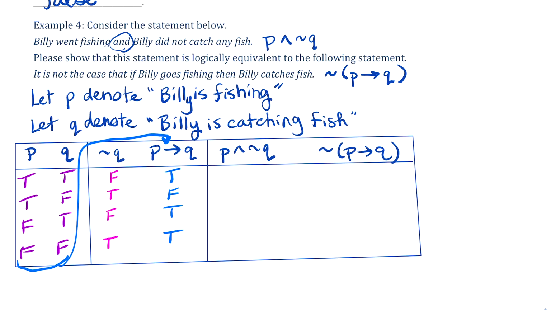Now, looking at P and not Q. For P and not Q to be true, both of those things have to be true.